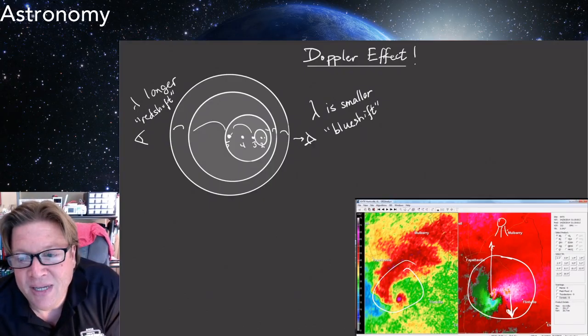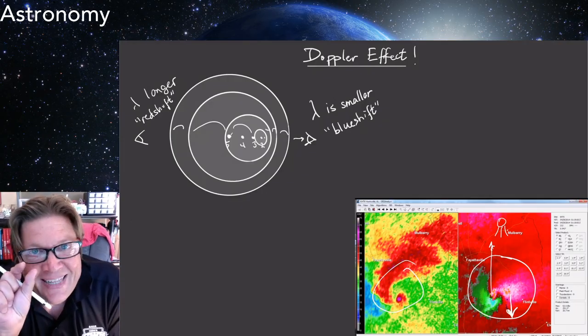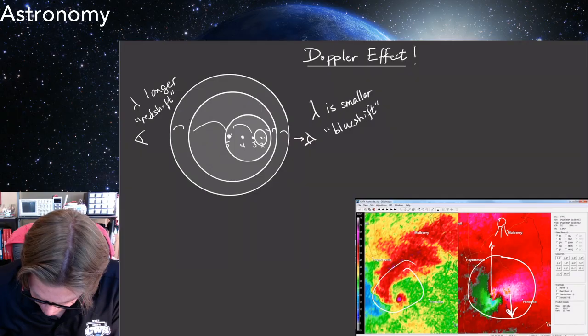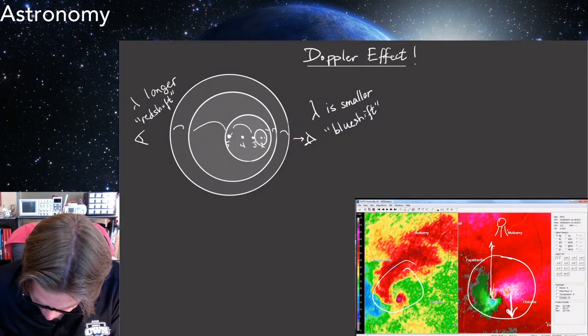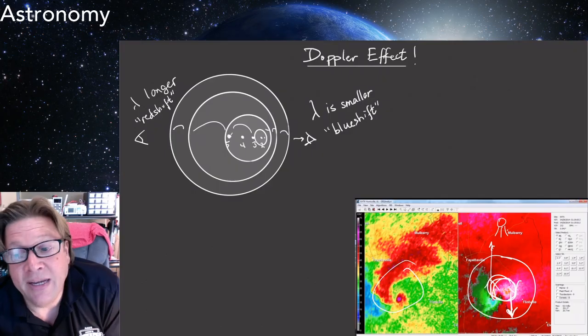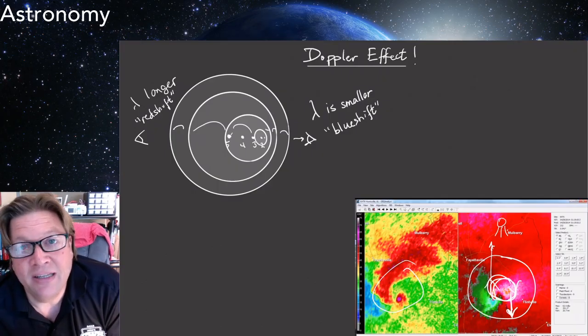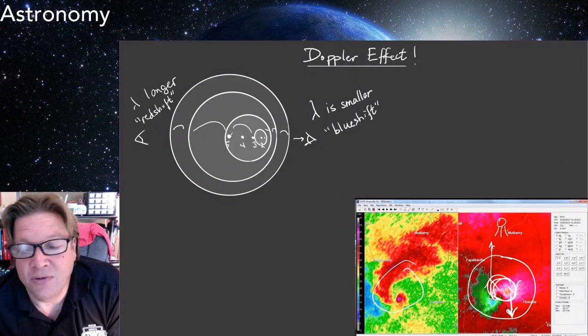Because what does that really mean? If you see really tightly together winds that are going away and winds that are going towards, what that's telling you is that they're rotating. And a tight pattern of rotation like that means that you have a tornado.